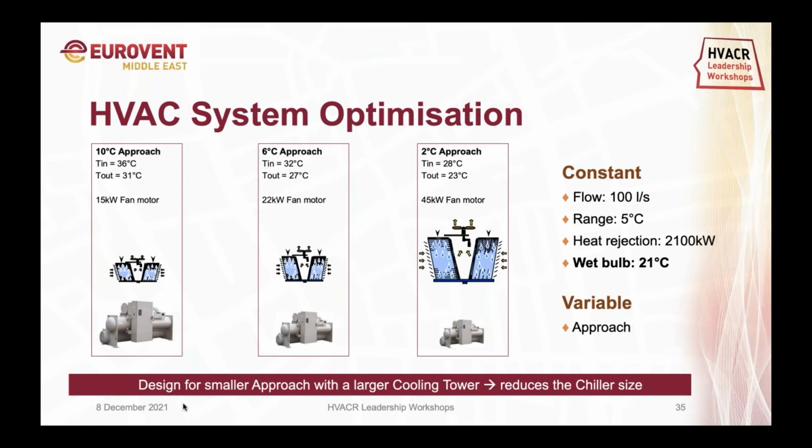So what is more important is to look at the total power consumption, which is a combination of chiller compressor power plus the cooling tower power. Our studies and optimization show that we should design for smaller approaches, which means a little bigger cooling tower, but it means that we are reducing the chiller size. That means the total power consumption of the complete system would be lower than the system the other way around, where we have a smaller cooling tower but a bigger chiller.